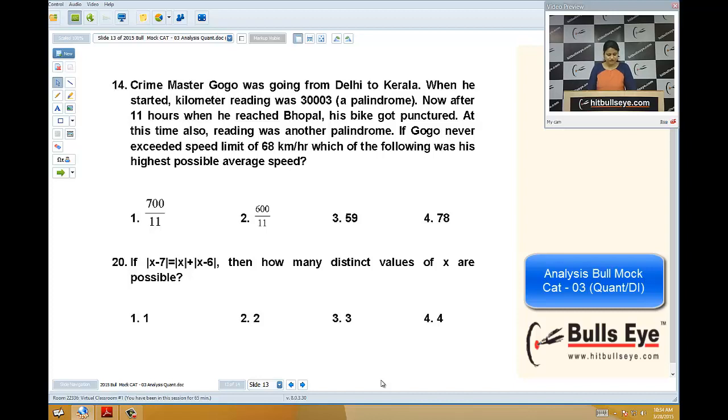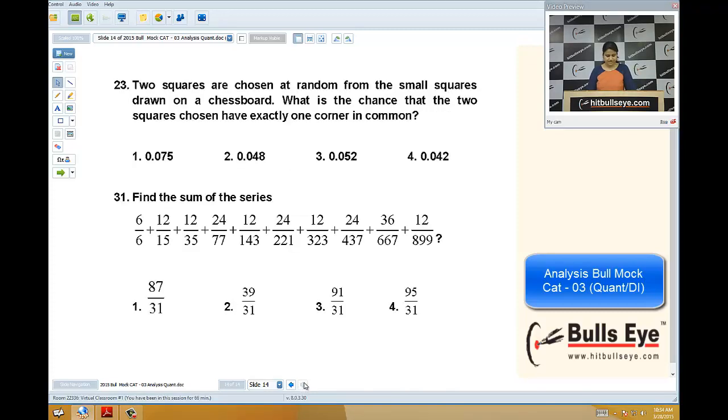Any problem in 14th question? Or 20th? Please write question number in the chat box. 23rd or 31st?